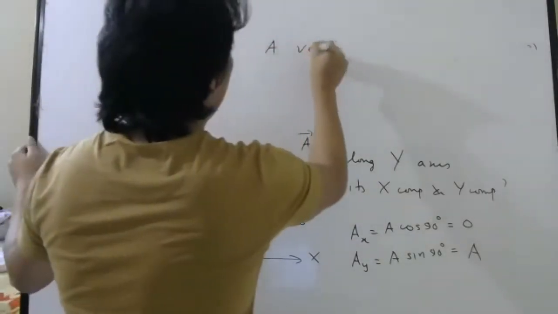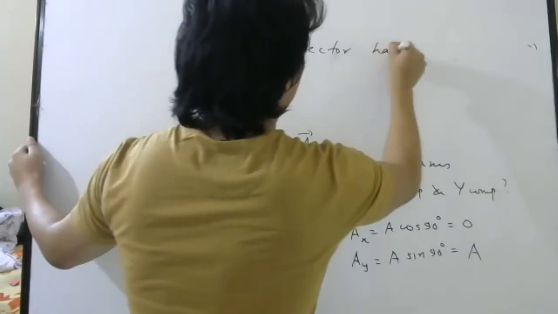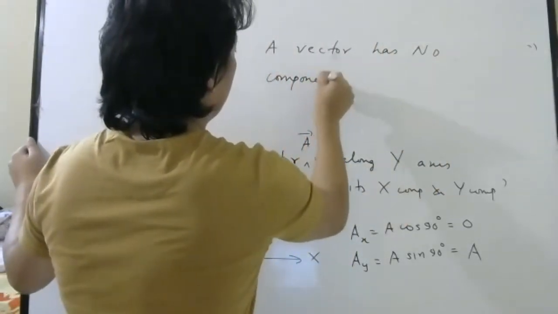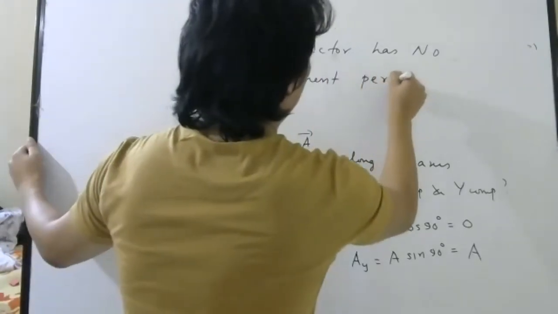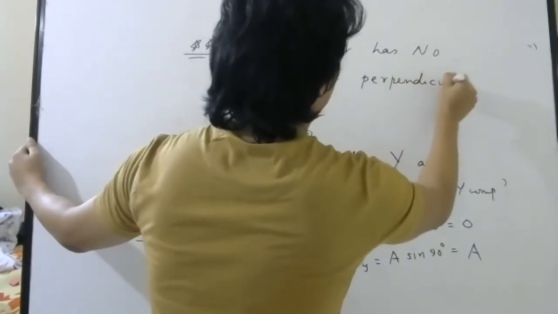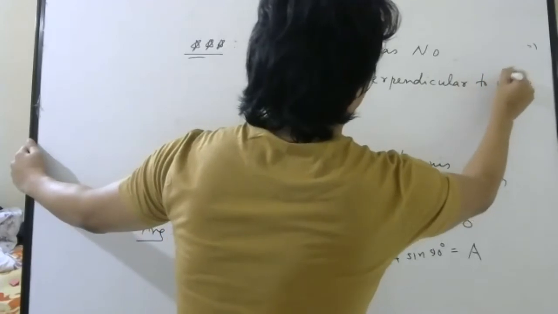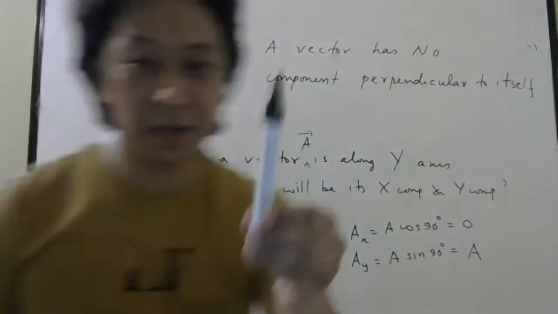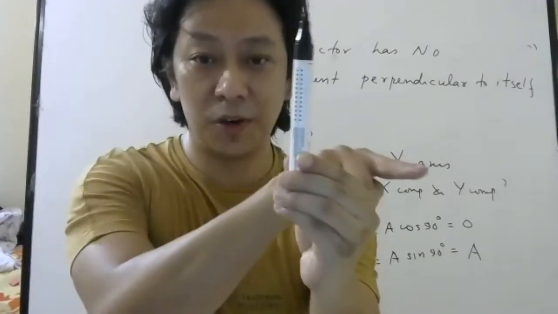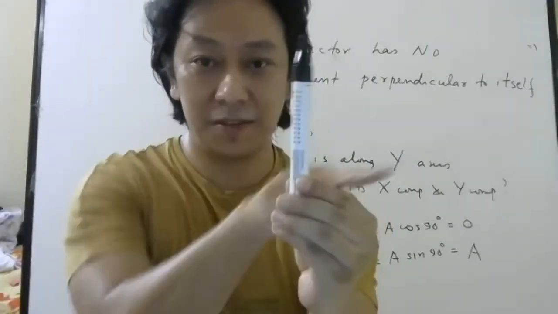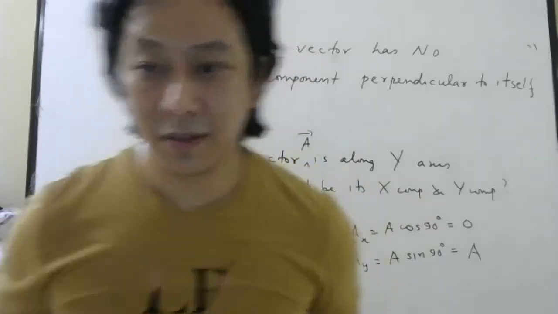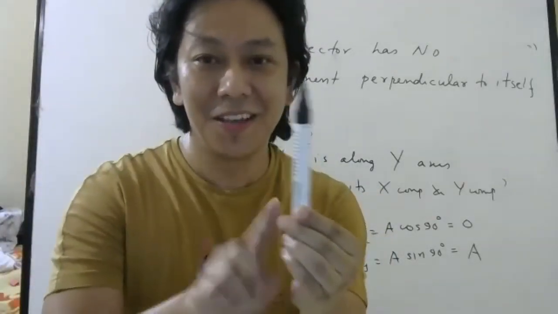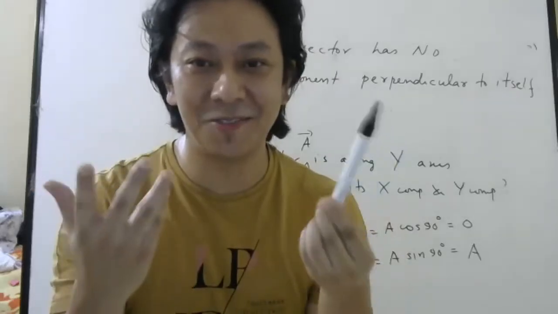A vector has no component perpendicular to itself. That is, if there is a vector here, there is no component perpendicular to this. This is for board exam, of course.